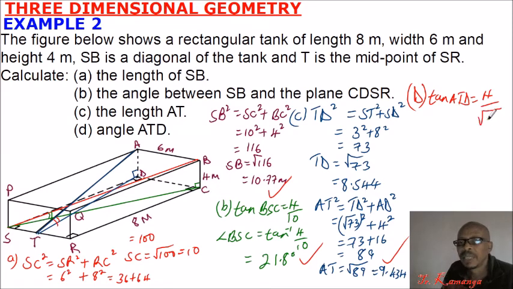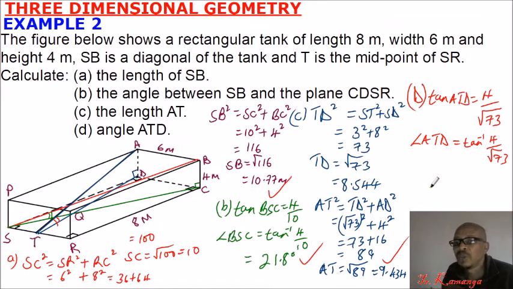But let me use the root of 73. So angle ATD is equal to tan inverse of 4 divided by the root of 73.